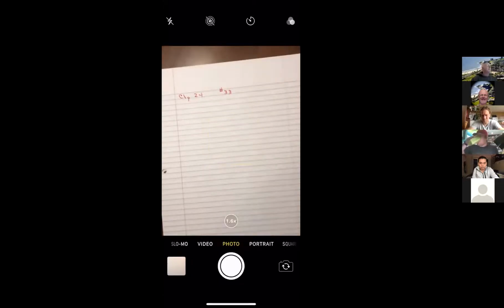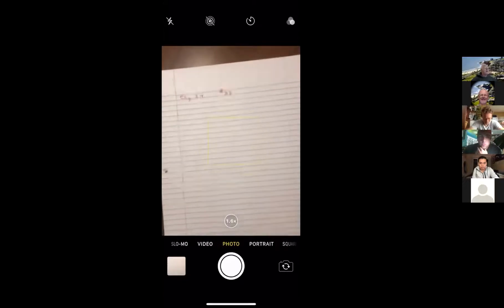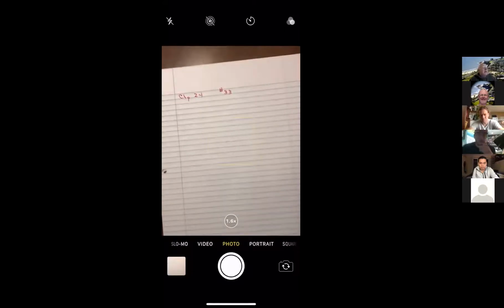I need to switch over and scroll to chapter 24. Here we go. Number 33 says a long straight metal rod of radius 5 centimeters and a charge per unit length of 30 nanocoulombs per meter.